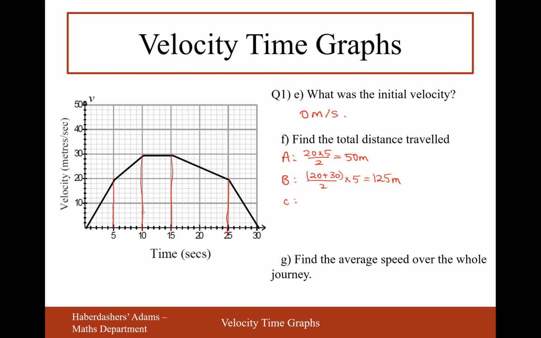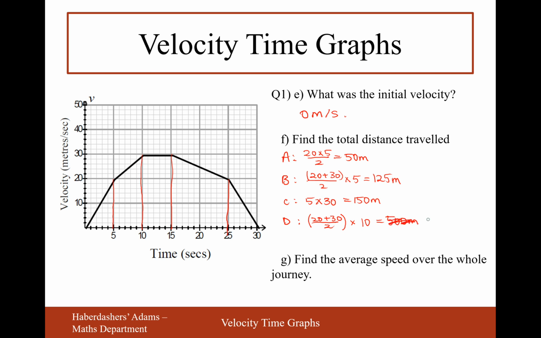Section C, that's a rectangle, so that's going to be base times height. 5 times 30 is 150 meters. Section D is going to be another trapezium, so that's going to be 20 plus 30 divided by 2 times 10 seconds, this one. So that's going to be 50 times 10, so that's going to be 500 meters.